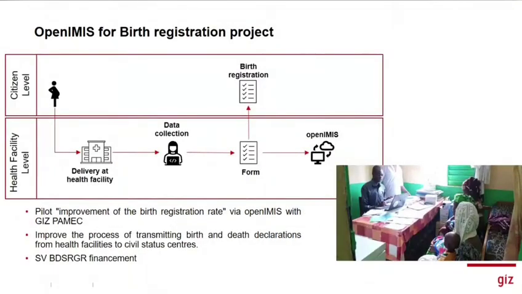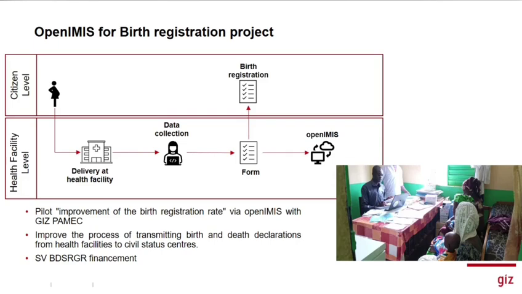The other pilot project we made in openIMIS was to try to claim the birth registration in Cameroon. This project ended, I think, last week, and it was about trying to claim or reimburse or buy the birth registration, because in Cameroon the birth registration rate was very low.